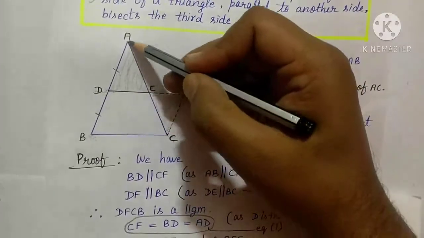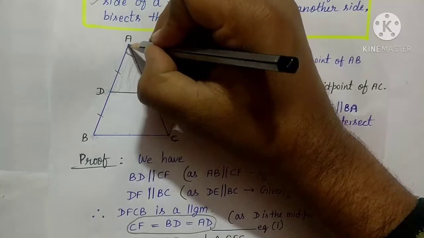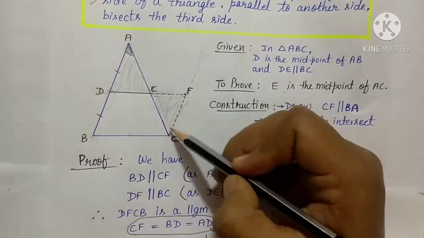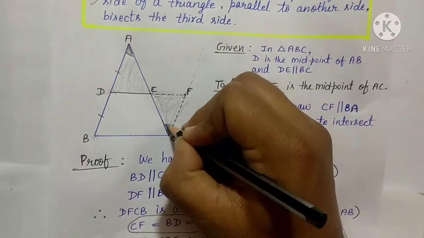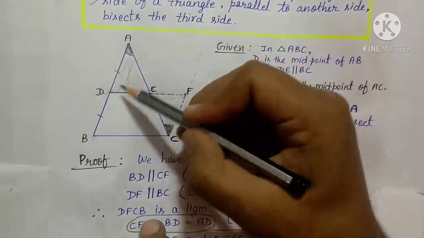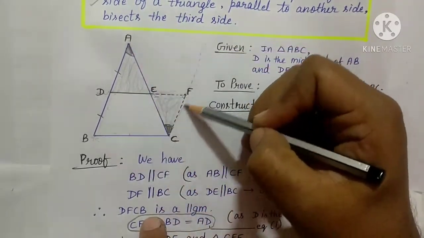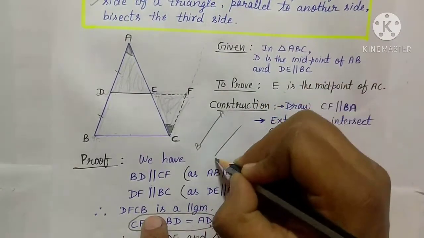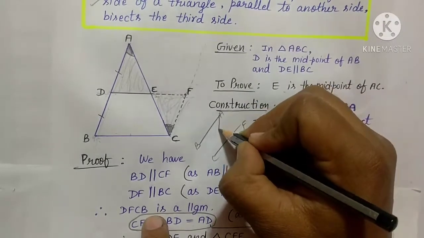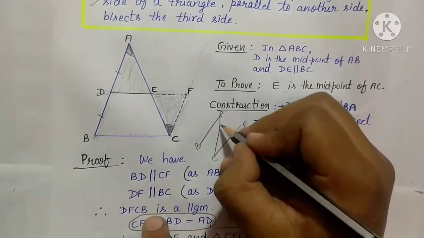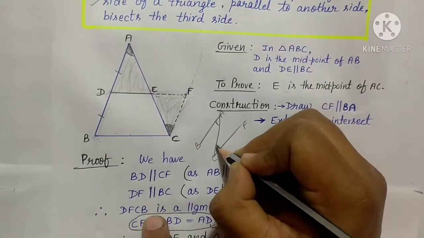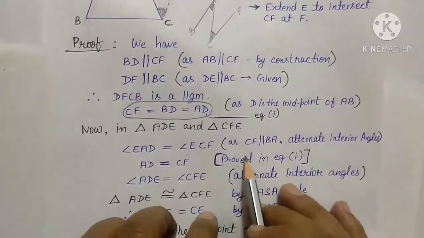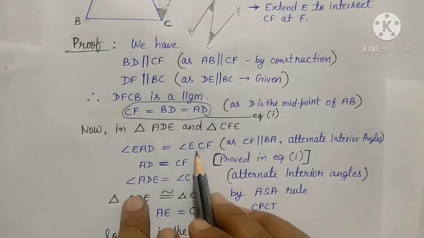Why? AB is parallel to CF, and AC is working as a transversal. So these two angles are equal, as they are a pair of alternate interior angles. So by alternate interior angles, EAD is equal to ECF.